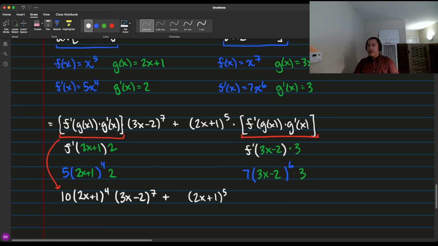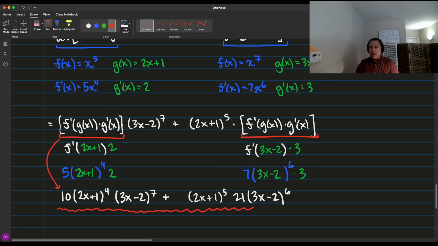So you multiply those together, 7 times 3 is 21, (3x-2)^6. This is your derivative. This is equal to the derivative of (2x+1)^5 times (3x-2)^7.